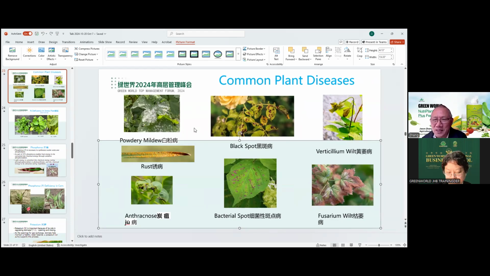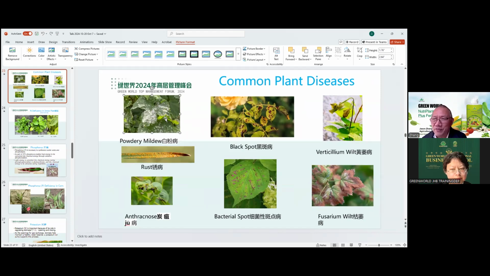Plant diseases are mostly fungal infections, and a little less often bacteria, sometimes viruses, and sometimes nematodes. The virus disease is also continuous.